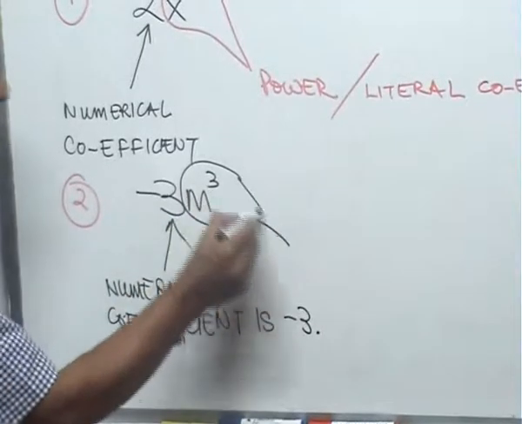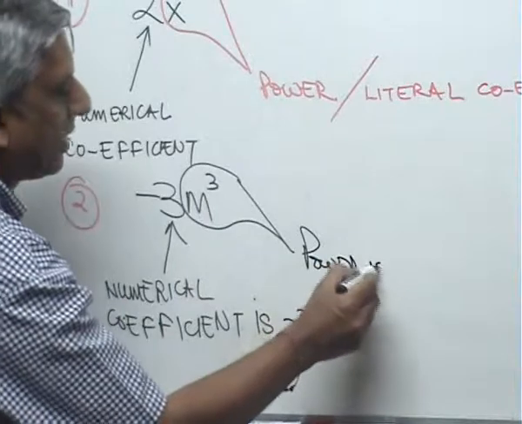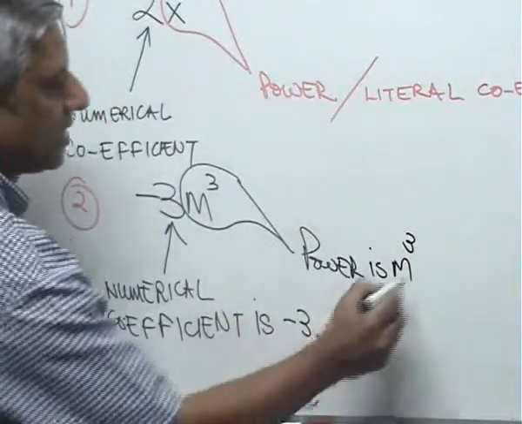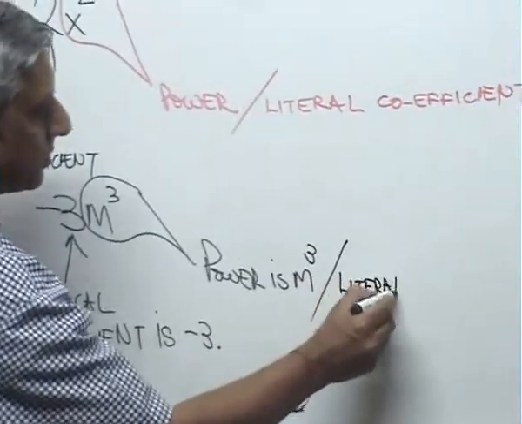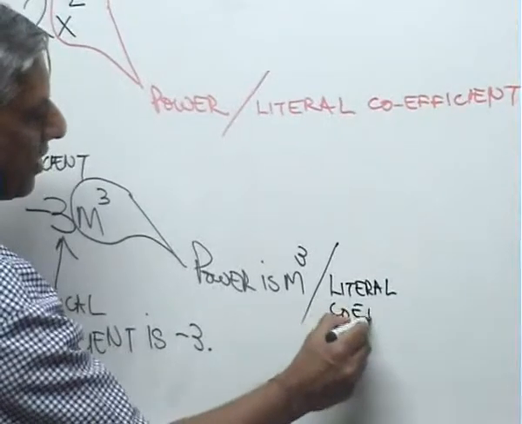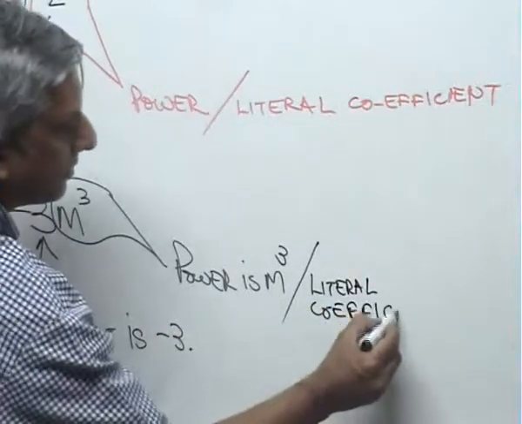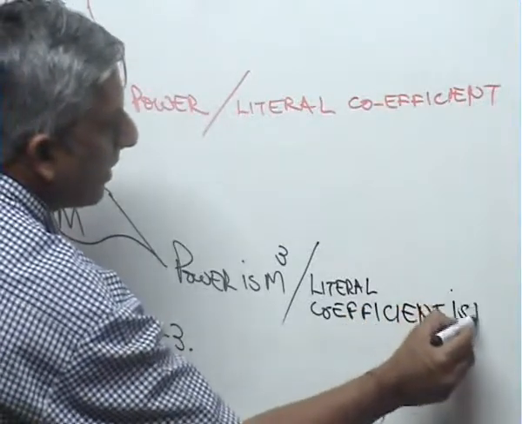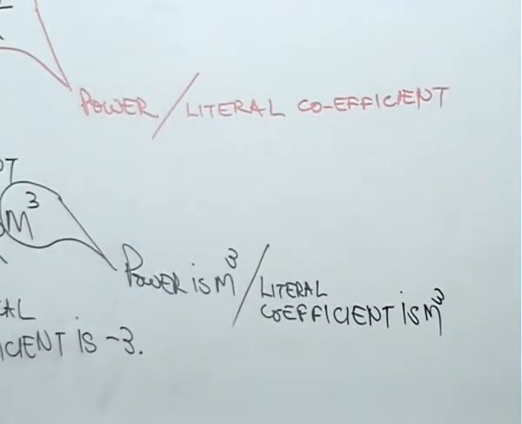And it is also made up of a power, and the power is m cubed. Or we can say that the literal coefficient is m cubed.